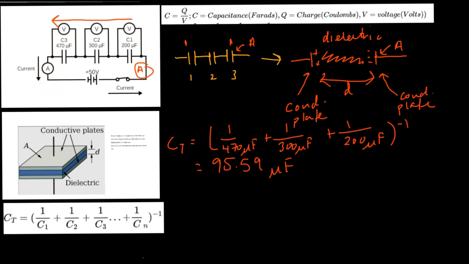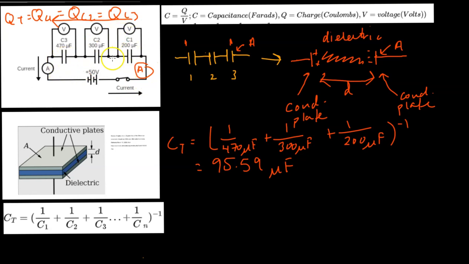The reason that's important is because the total charge across each of these capacitors is going to be the same. So the total charge will be equal to the charge from capacitor 1, which is equal to the charge over capacitor 2, same as capacitor 3. And that's because they're all getting the same amount of current.